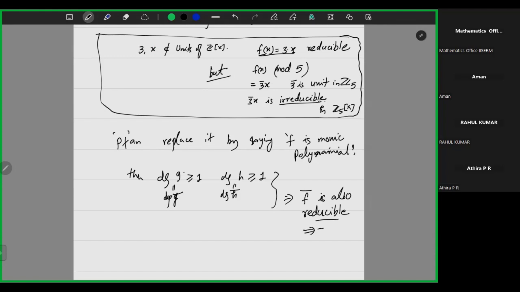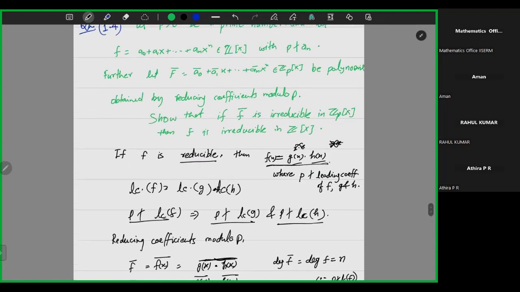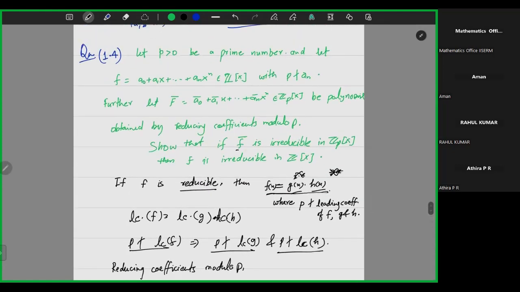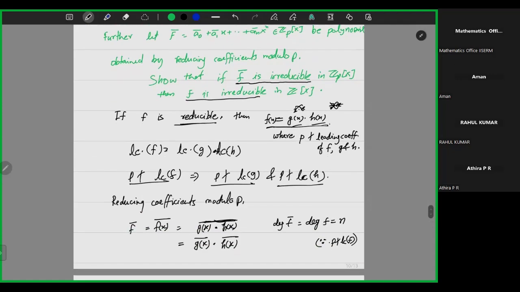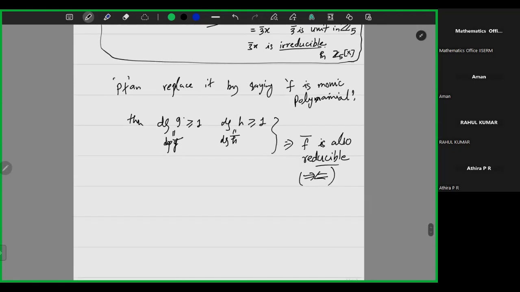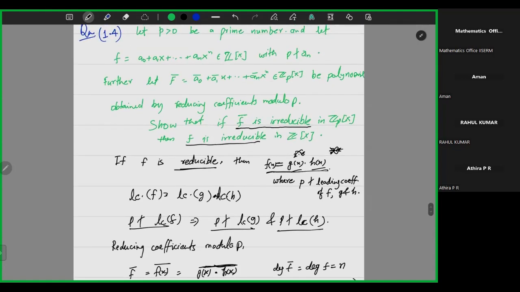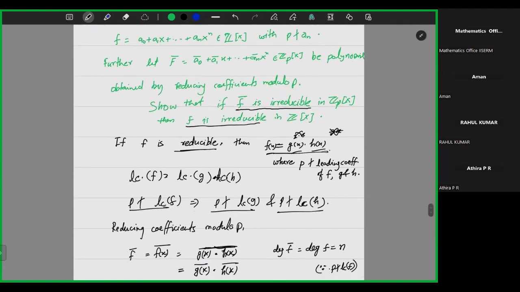And this is a contradiction, because we are taking F bar irreducible, and we want to show F is irreducible. So if F is reducible, we see that F bar is also reducible. So we have shown it by the contrapositive method. If F is reducible, F bar is also reducible.